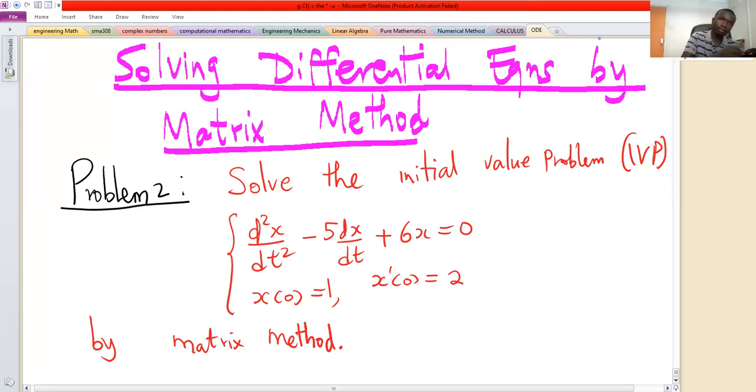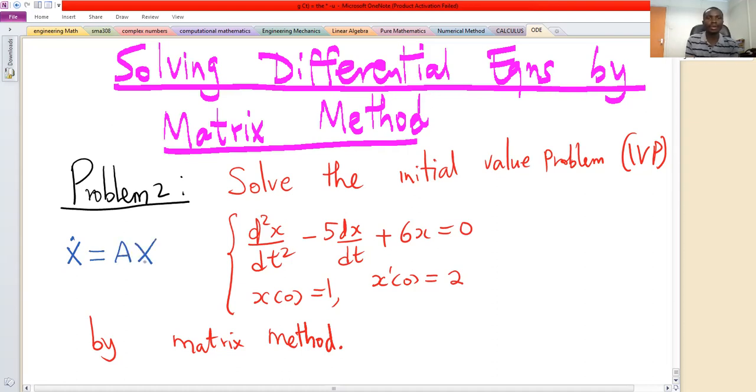To use matrix method to solve this, first thing is to change this second order differential equation into a system of first order differential equations so that the system can be written in the form x dot equals Ax.